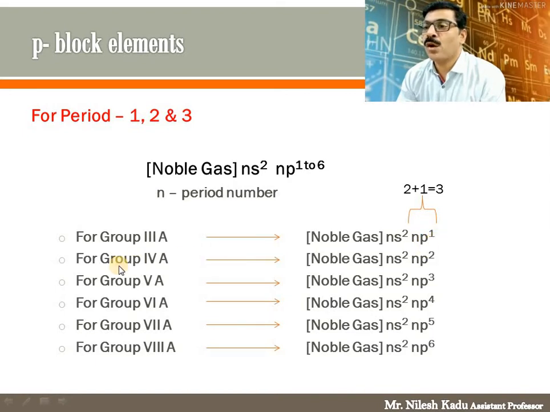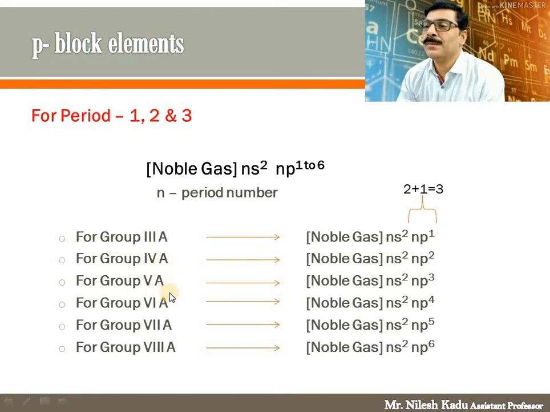Then for 4th A the valence shell electronic configuration is noble gas ns2 np2, and here 2 plus 2 means 4, that is the fourth A group.